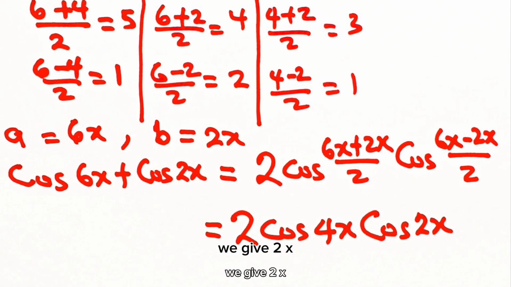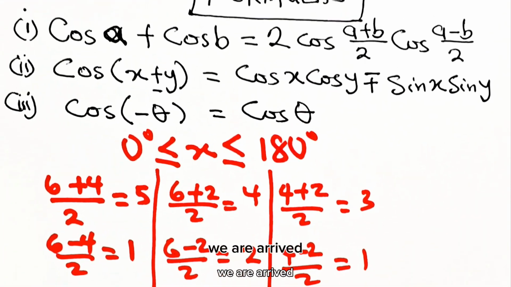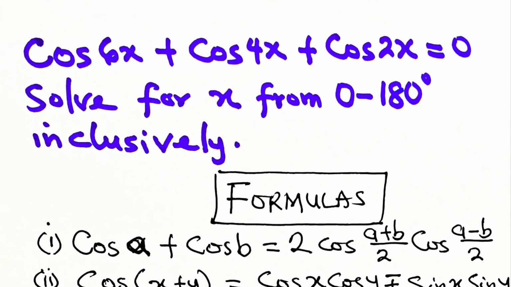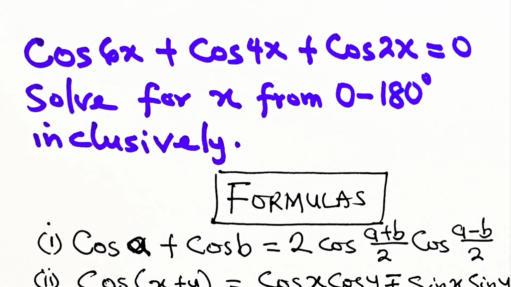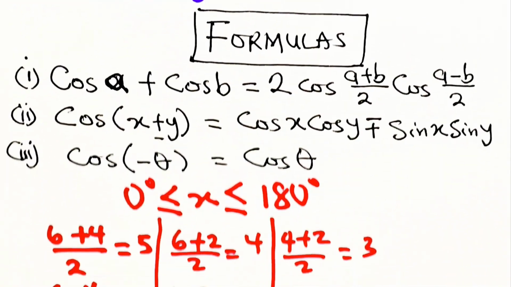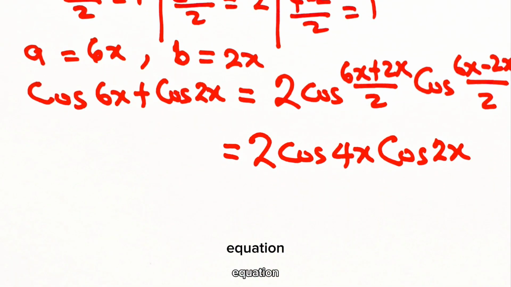But what we see now is that we are going to have two terms. From this equation, we have cos 6x, cos 4x, cos 2x. And in the formula we derived here, we have cos 4x also.